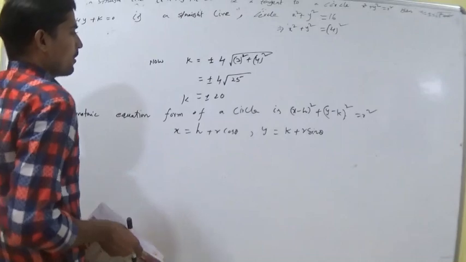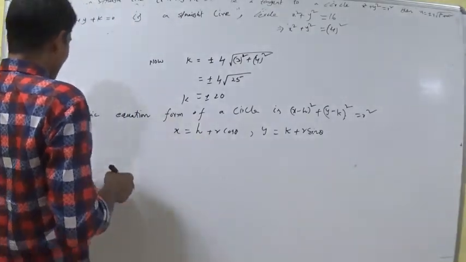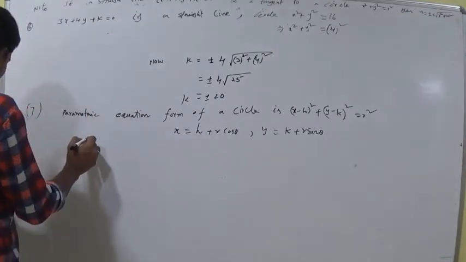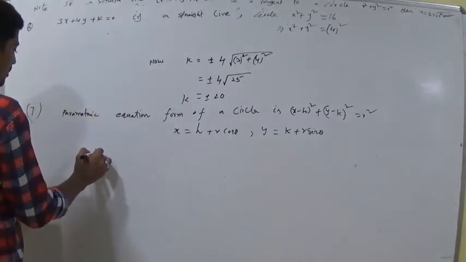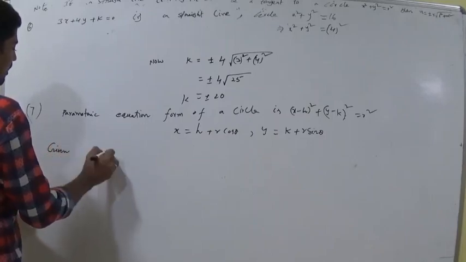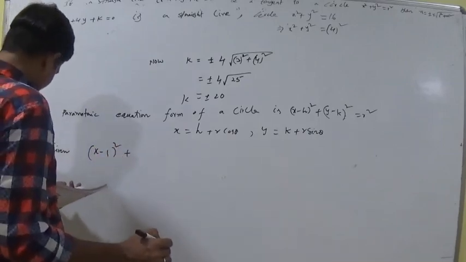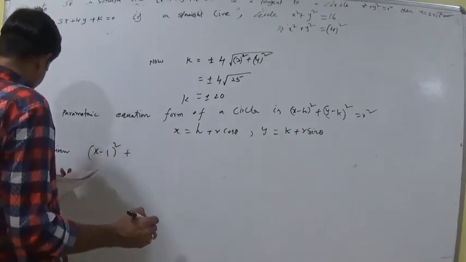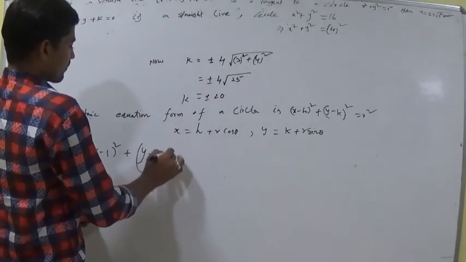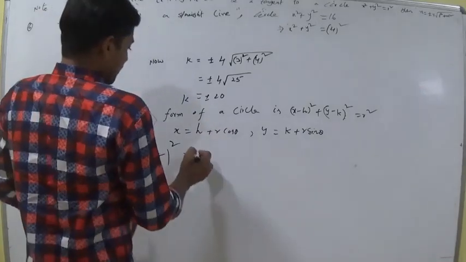So here, the parametric equations of a circle are asked. He has given one equation, x minus 1 whole square plus y plus 2 whole square equal to 9.